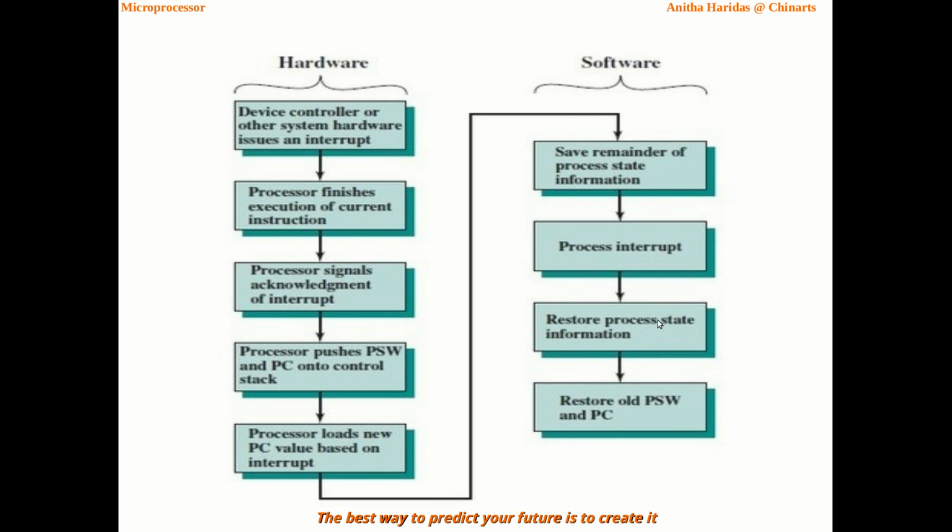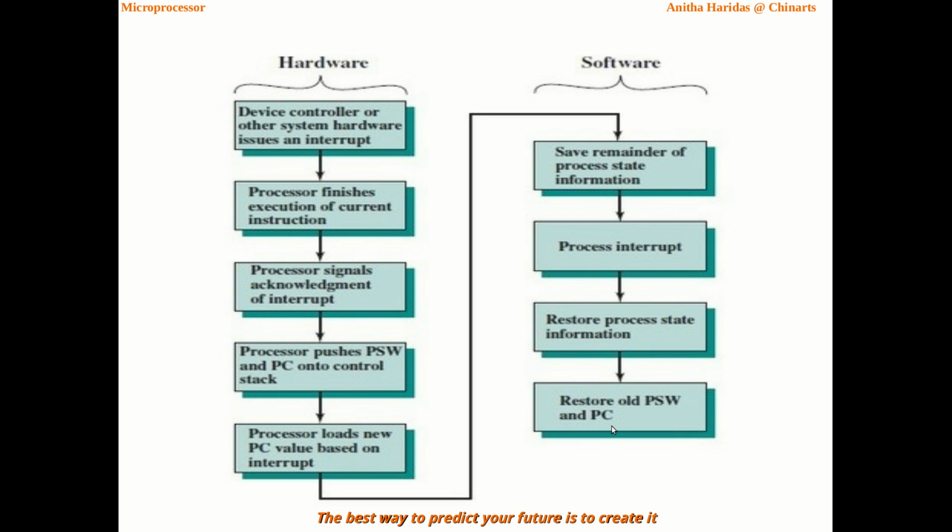Now what happens in the case of software? In the software, the remainder of the process status information will be saved somewhere, and the processor will be executing the interrupt. Once the interrupt service routine is executed, it will restore the process state information or program status word, and it will also restore the return address from the memory stack.